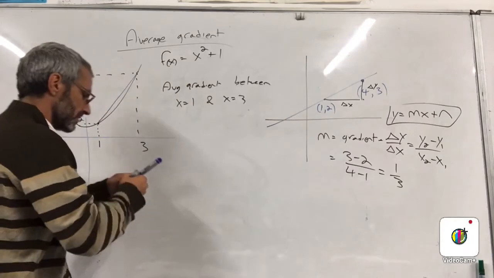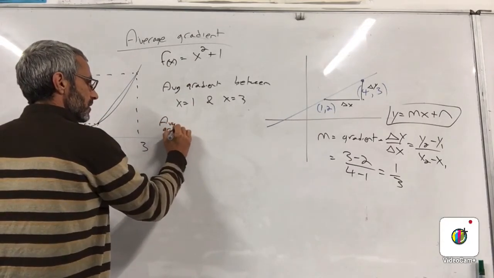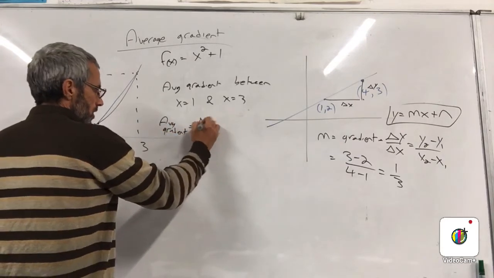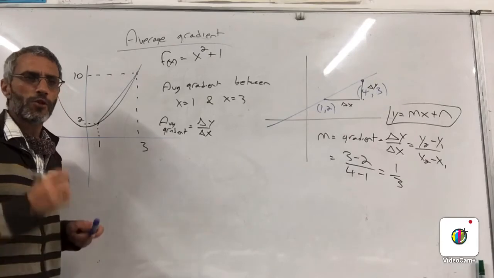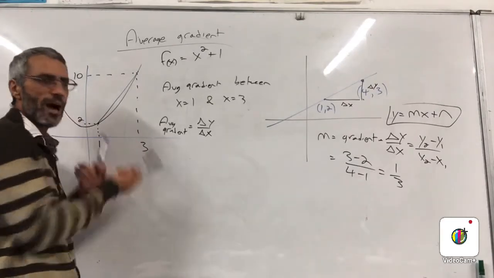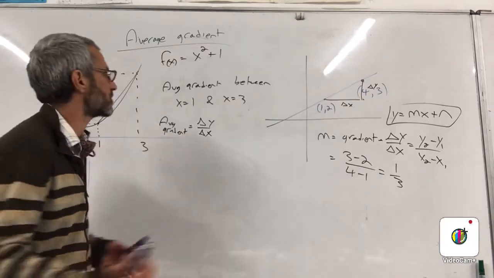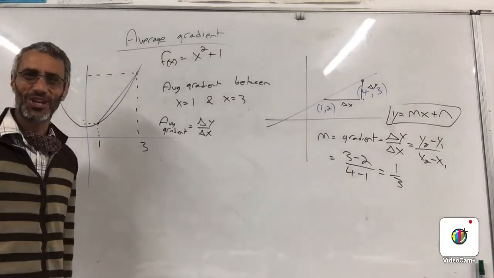The average gradient is going to equal delta y over delta x. The first step is to find the y's and the x's for each one. I've done the x's for you because I know you can do it.